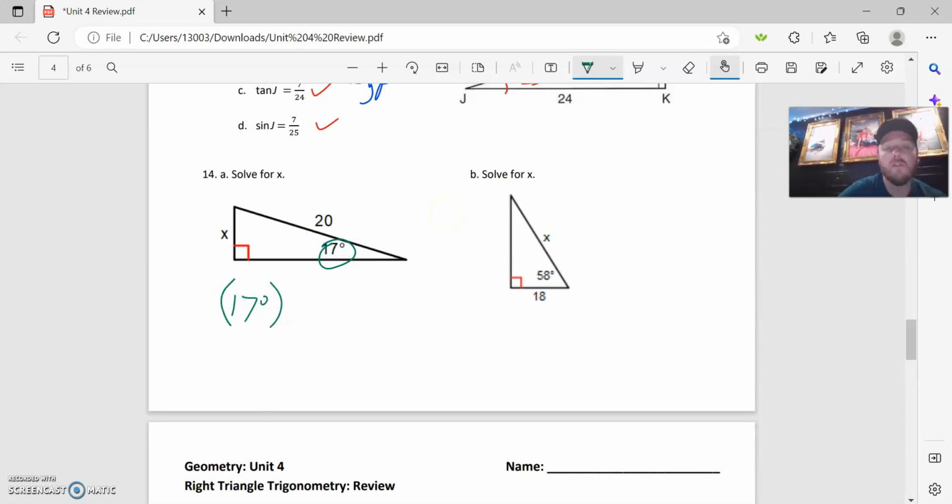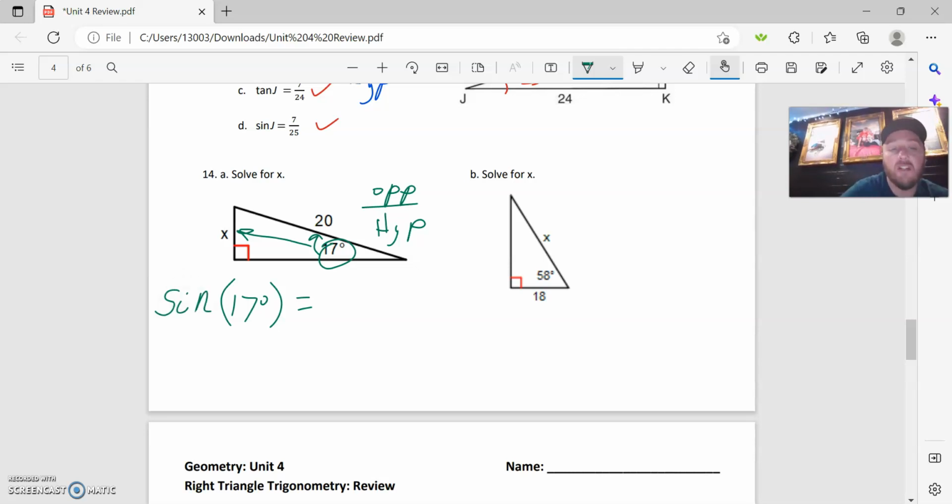Now, the two sides that I am looking to work with would be the side that is opposite of 17, and the hypotenuse of the triangle. So the trig function I'm going to use is the one that corresponds to opposite and hypotenuse, which is sine.